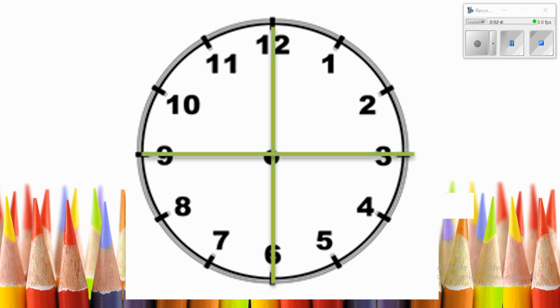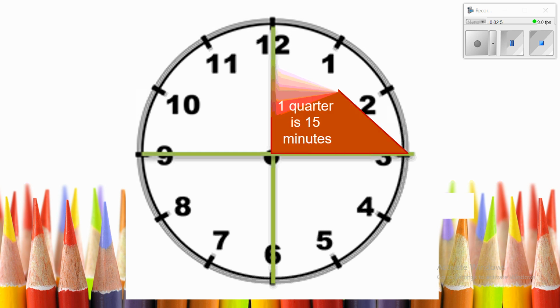I partitioned the analog clock into 4/4, means into 4 quarters. A quarter is 15 minutes. Half is what? 30 minutes. Excellent. So quarter is 15, half is 30.